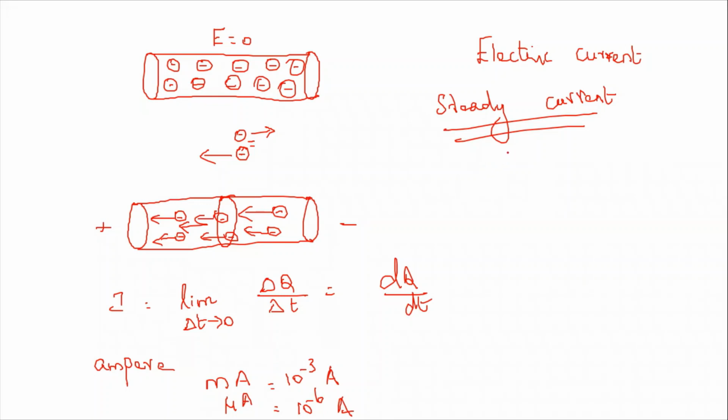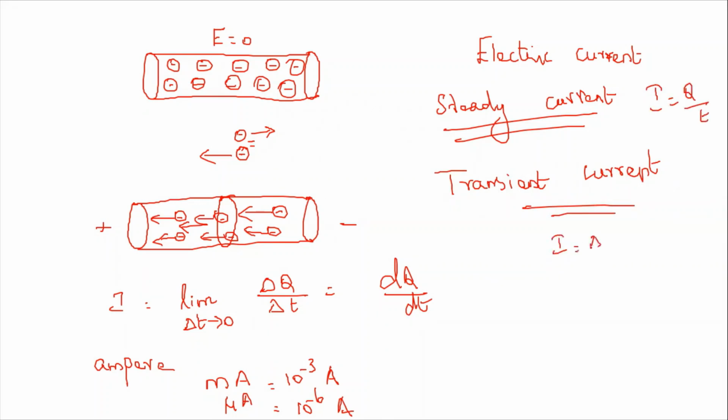Such a type of current is called transient current. That is, a large amount of charge flowing for a very short duration is known as transient current. So for steady current, I is equal to Q upon T, and for transient current, I is equal to dQ upon dt.